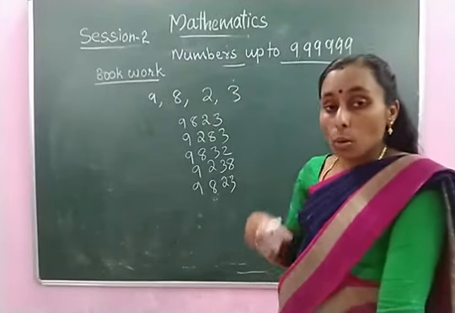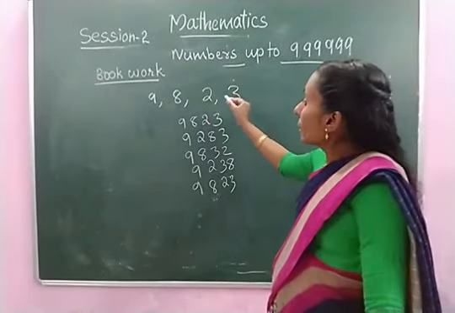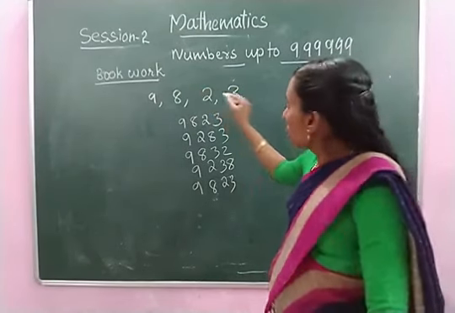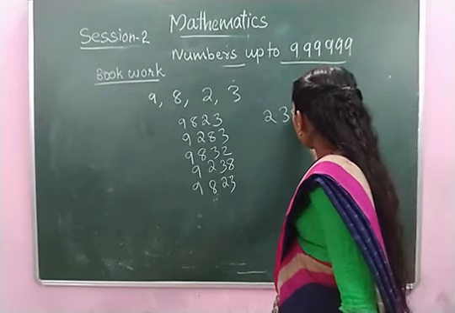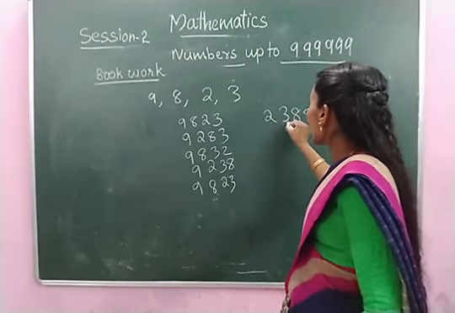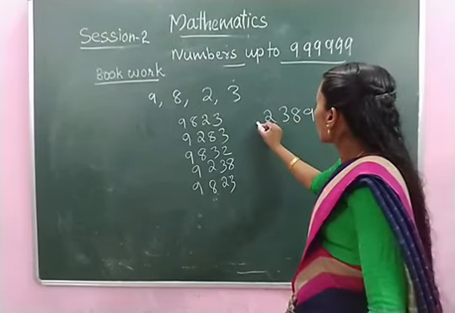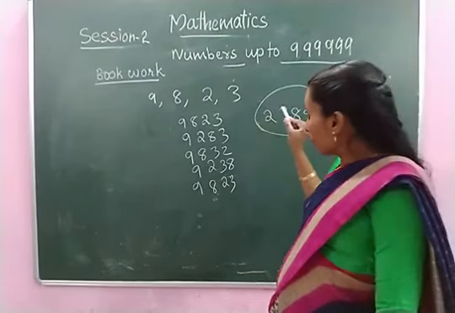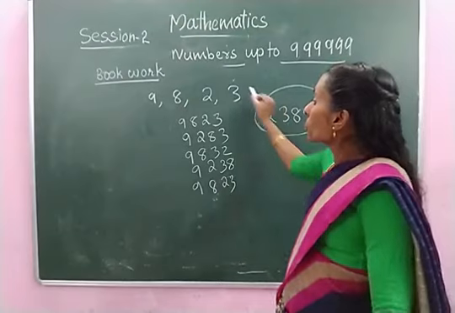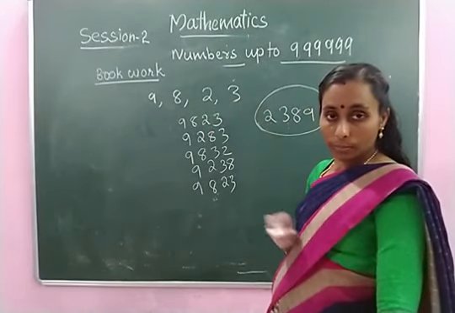So to get the smallest number, we have to write the numbers. Can you make it? We can write 2, 3, 8, 9. 2389. 2389 will be the smallest 4-digit number by using only these 4 numbers.